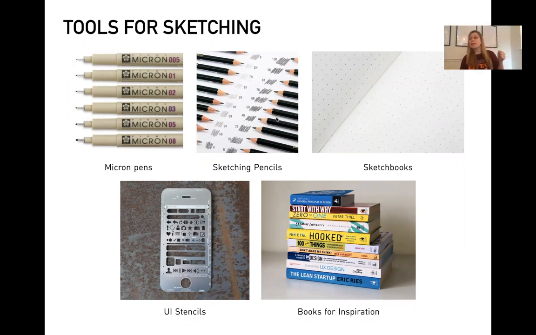I don't have them here with me, but I can go get them later if you want. They just have a bunch of circles, a bunch of stars, a bunch of squares in them, and so it makes tracing really easy, and I can get straight lines really quickly. I do like the idea of UI stencils because you can have some of those really common icons that you can just trace all the time, but again, I haven't used those yet, but they look like fun.